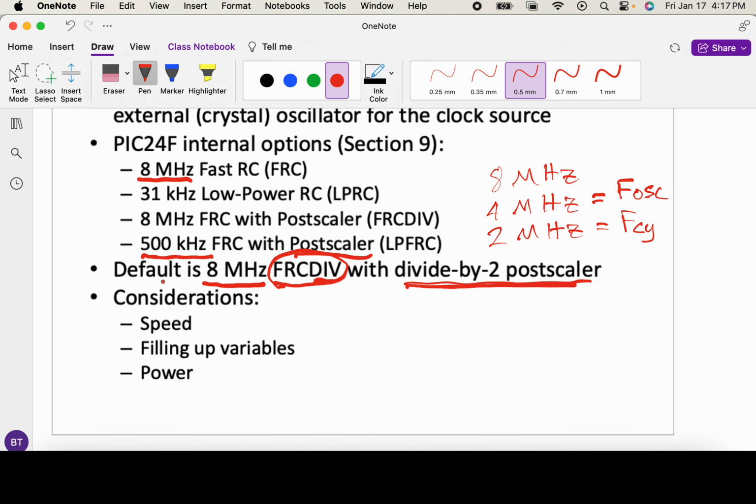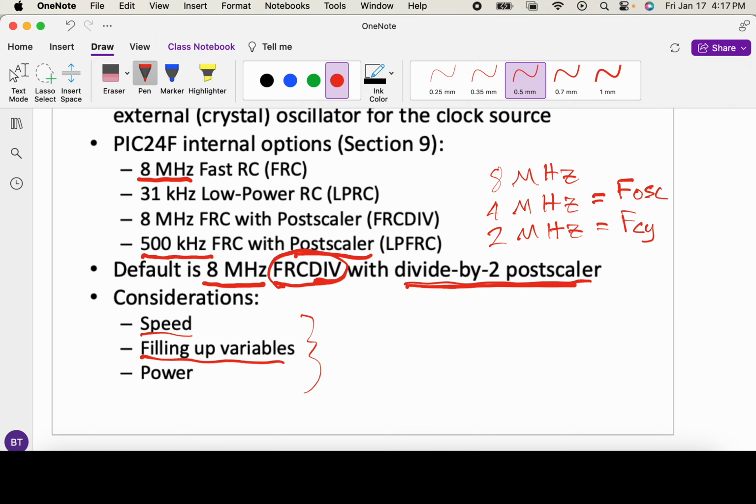And the reason you may want to use the 8 megahertz is maybe you need to execute instructions at that speed. Maybe you don't.